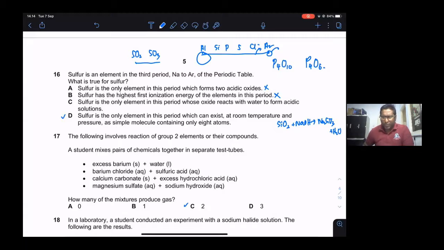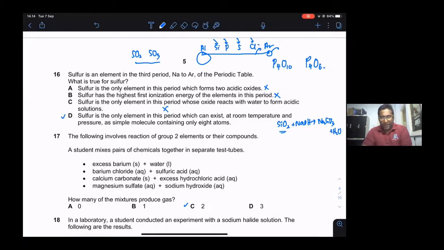So you have silicon oxide. You also have phosphorus, P4O10, which can also react to give you phosphoric acid. Sulfur also will react, and this one also will react. So it means that this is not the only element.